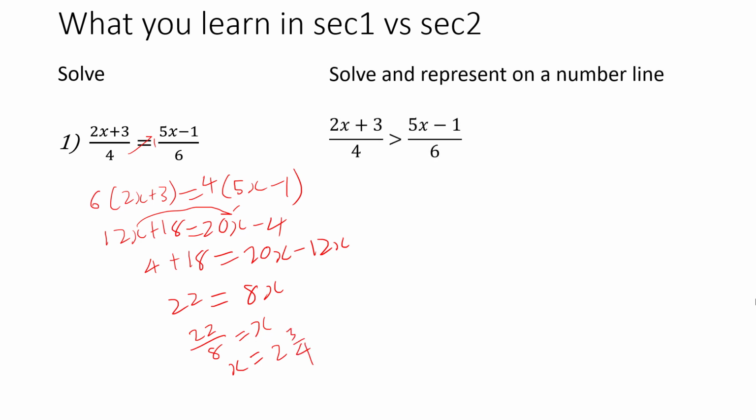Now let us take a look at the inequality counterpart. So again, let us do cross multiplication. The only difference is, or actually it's not different, it's the same thing. The only issue is for equation, if you do it like this, you will still get the correct answer.